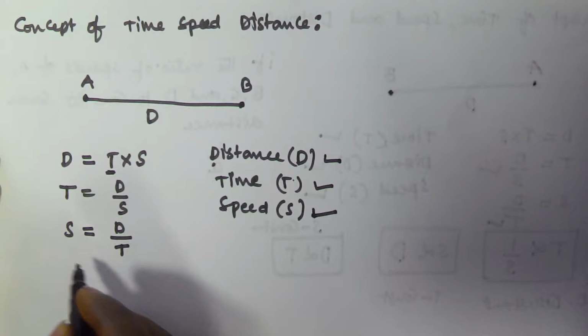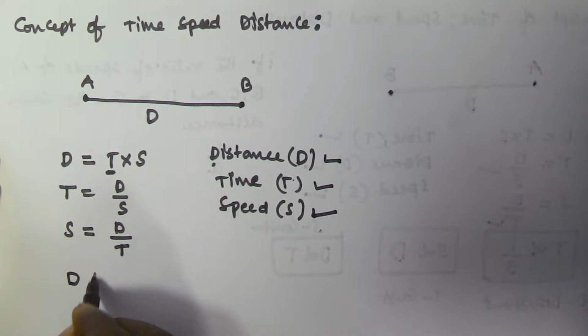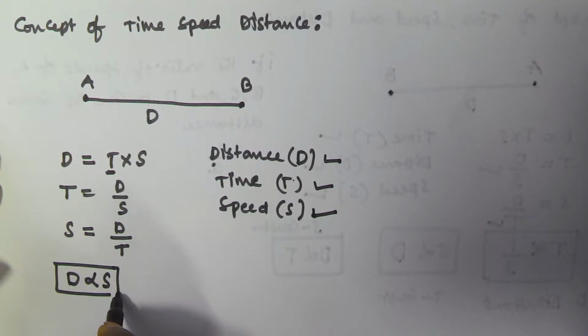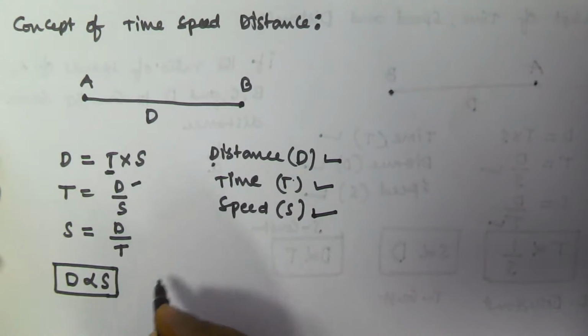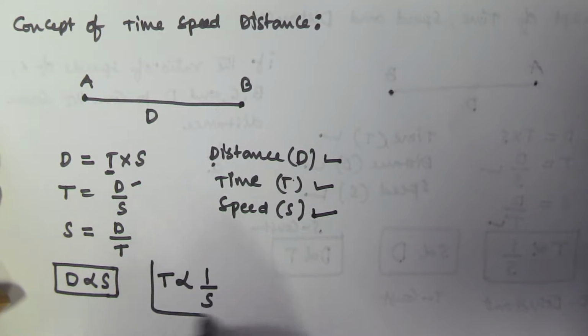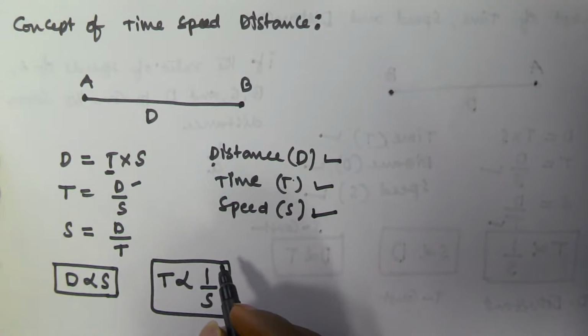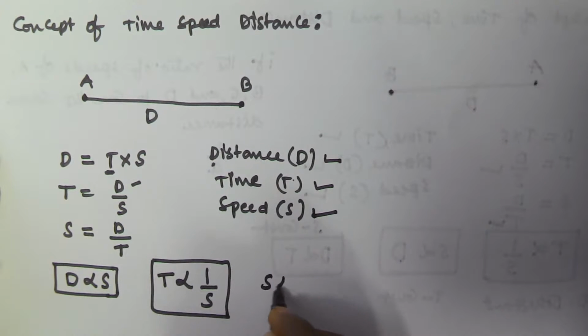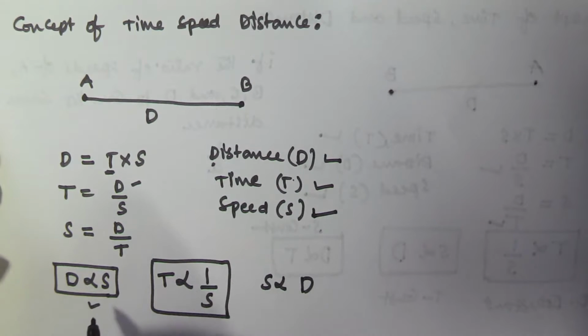When time is constant, distance is directly proportional to speed. When distance is constant, time is inversely proportional to speed. When t is constant, speed is directly proportional to distance, which we already saw here.